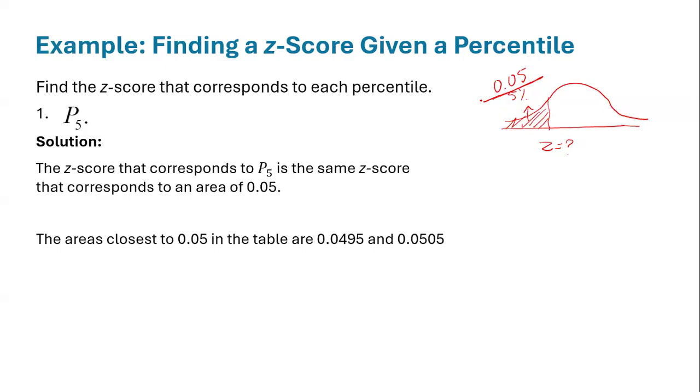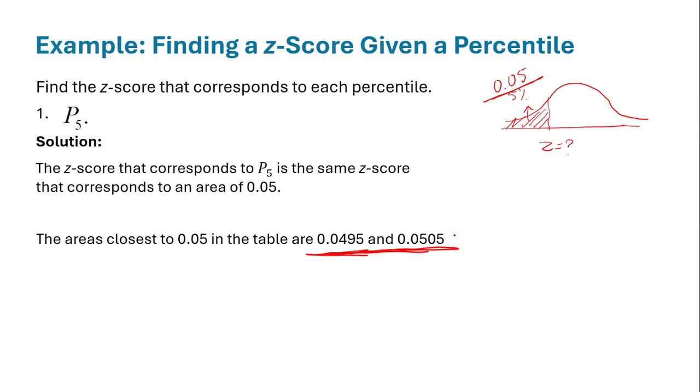You will see that we cannot find the exact 0.05, but these two numbers are close to 0.05, and they have the same distance to 0.05. Both of them are 5 away from that number.